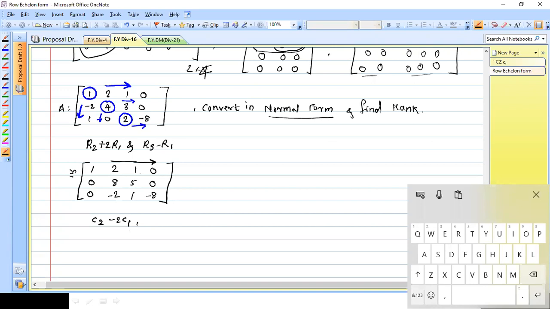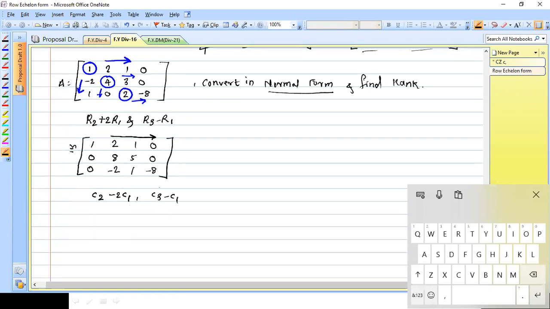Now next is C3, so it is C3 minus C1, and this is already 0, no need to do anything. So you are getting C2 minus 2 C1. There is a change in C2, and you can see when I use C1, all elements are already 0. So you need to do only 3 calculations.